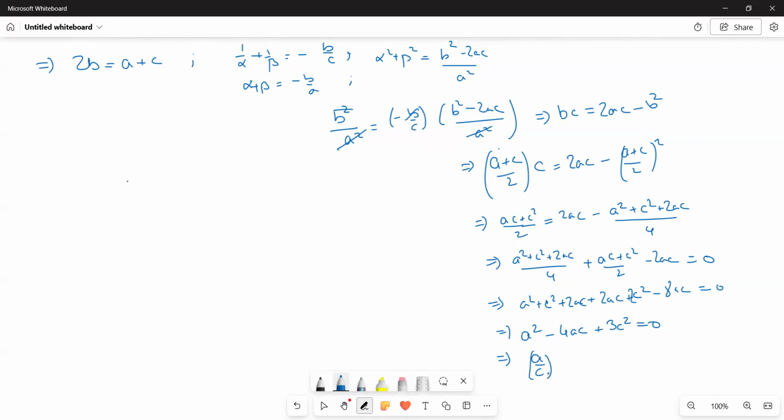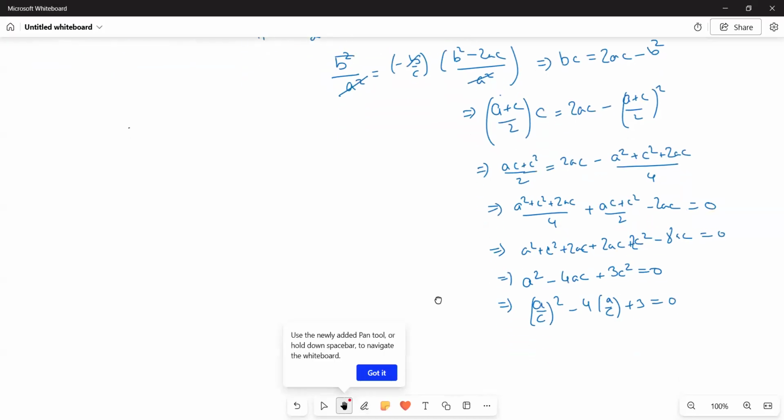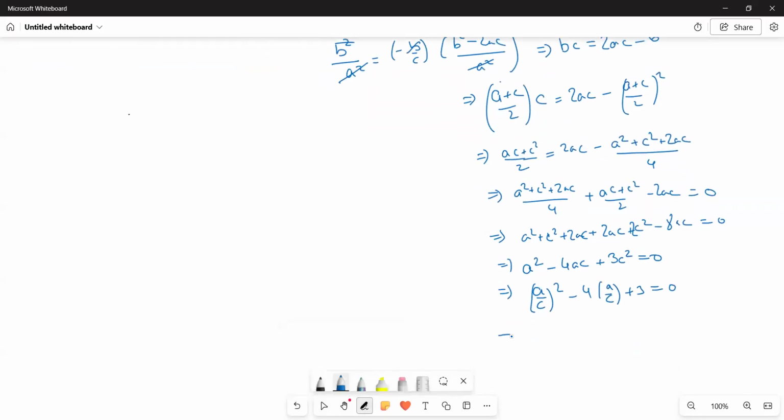So A by C whole square minus 4 times A by C plus 3 is equal to 0. The value of A by C can be found from here. So this is like having t square minus 4t plus 3 is equal to 0.